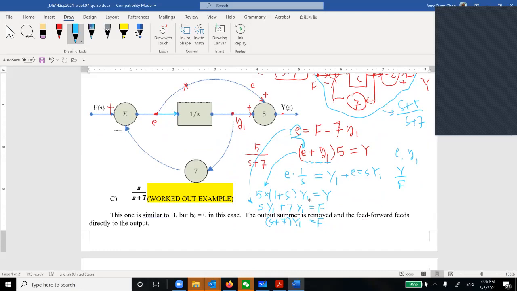So what I'm going to have here is two new equations. One is this guy, and one is this guy. Okay. So what I care about is y divided by F. Okay, y divided by F.